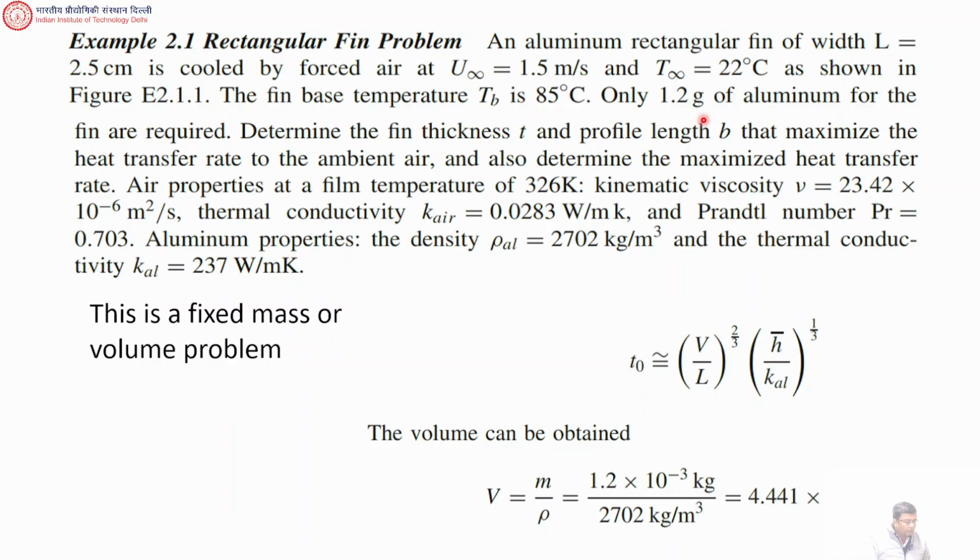Now, before we shift back to the derivation, let me also tell you that U infinity and T infinity are given. We didn't discuss the velocity of air over the fin; we were seeing it for the first time. What was the purpose of giving this information?